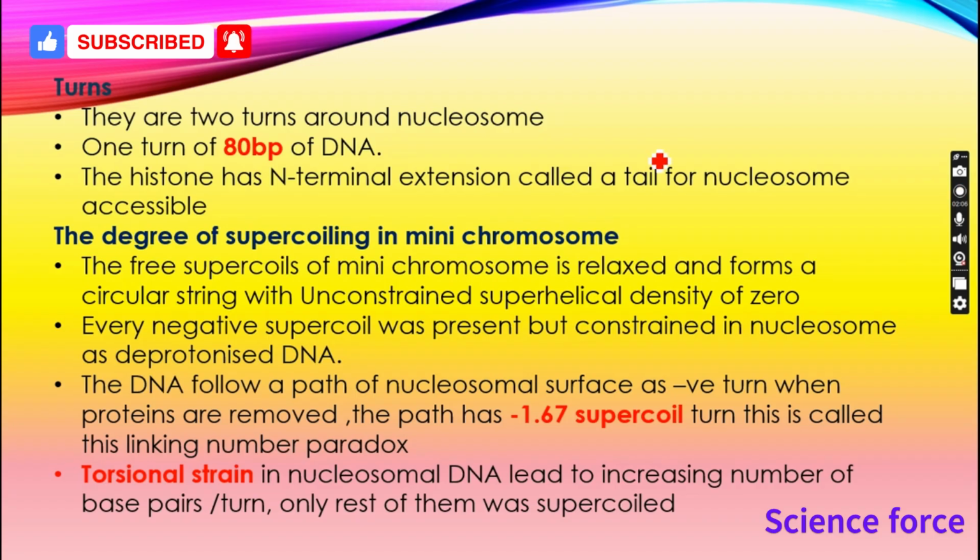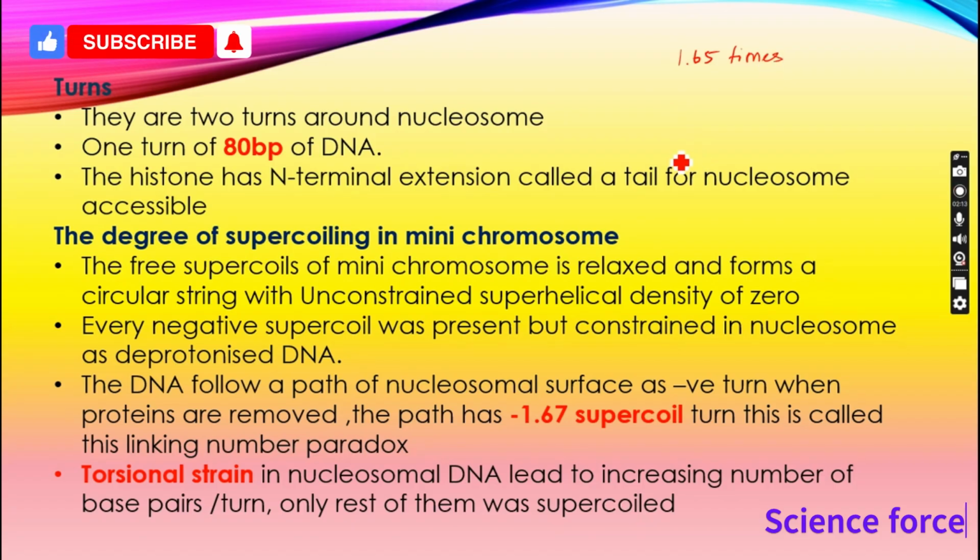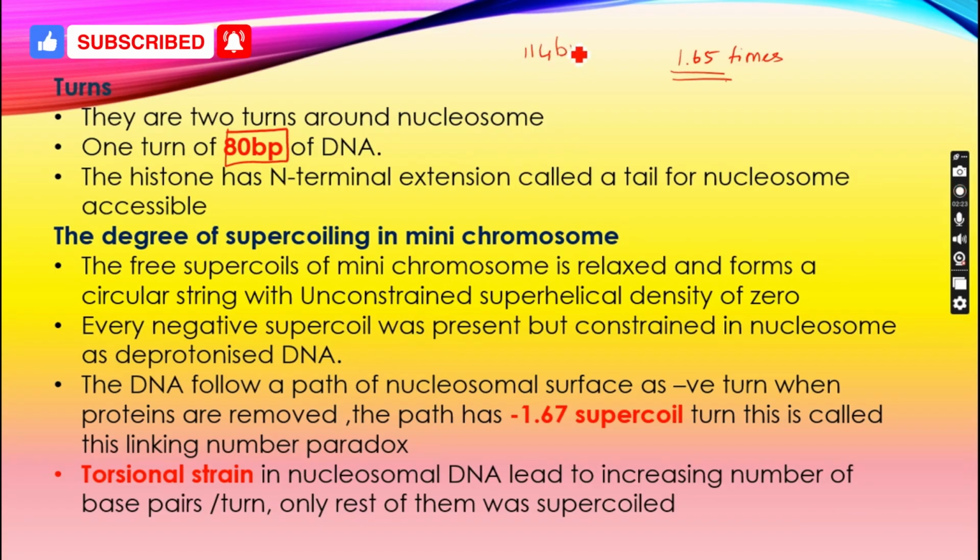As we said, about 1.65 turns must be there. These 1.65 turns consist of 80 base pairs of DNA.